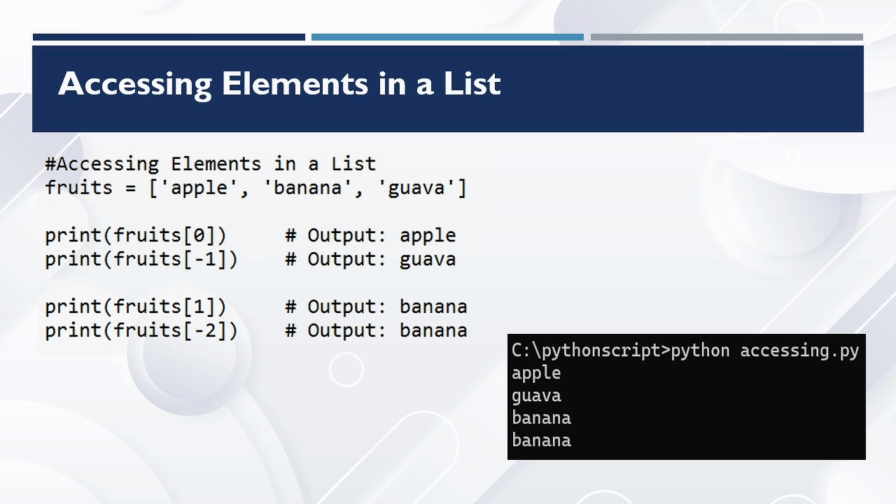Next, fruits[-1] accesses the last element, which is guava, using negative indexing. Similarly, fruits[1] gives us the second element, that is banana. And fruits[-2] also gives banana because it's the second to last item in the list. This shows how positive and negative indexing can both be used to retrieve specific elements in a list.